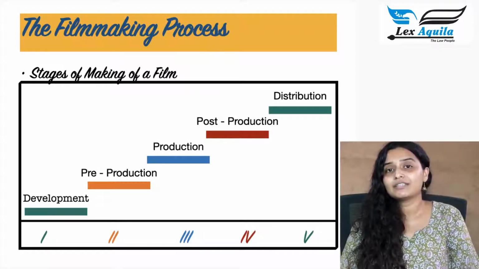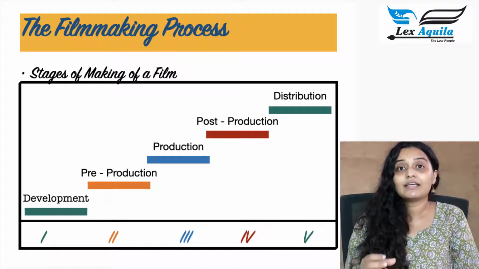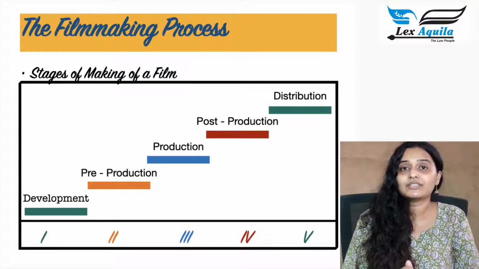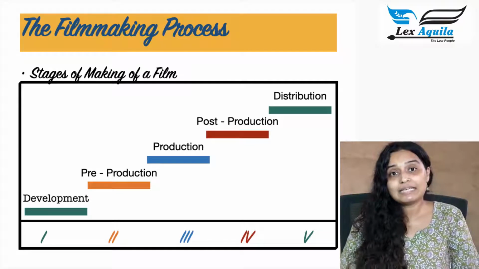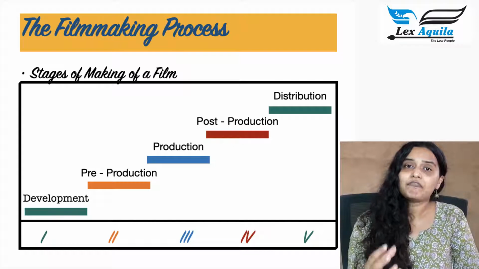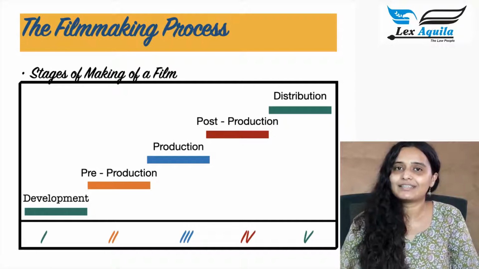The fourth stage, which is a very important stage, is the post-production stage. It is in this stage that the footage which is created at the production stage is worked upon, edited, the music is added, visual effects are added, and a final product of what we see as a movie is actually created at this stage.